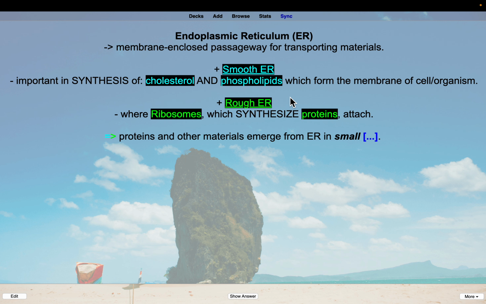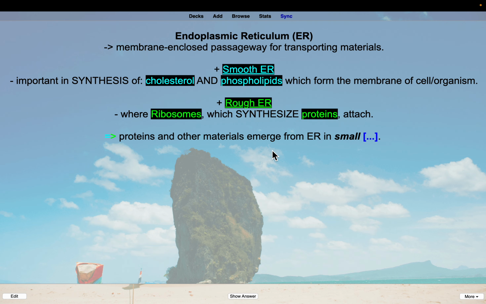For the rough ER, this is where ribosomes attach. And yeah, there they synthesize proteins. Some other ribosomes that are free floating in the cytoplasm still make proteins, I suppose. But it just so happened that certain ribosomes stick to the rough ER and do the same job.